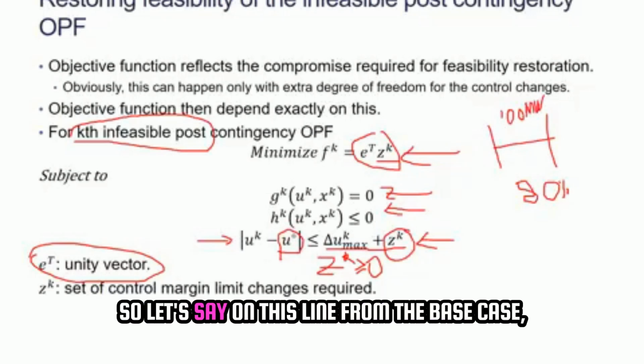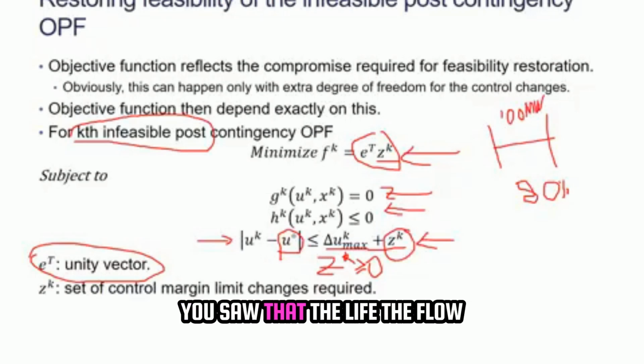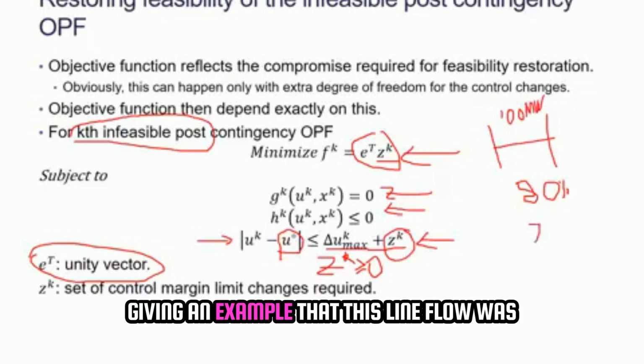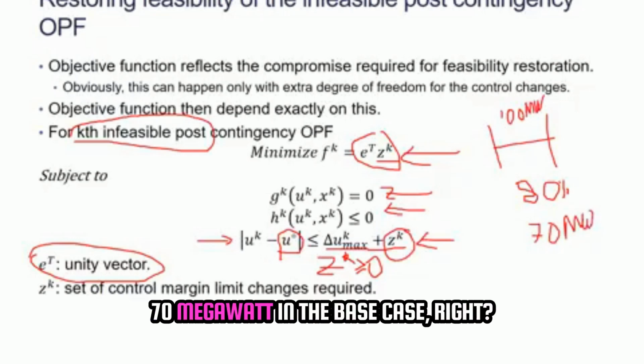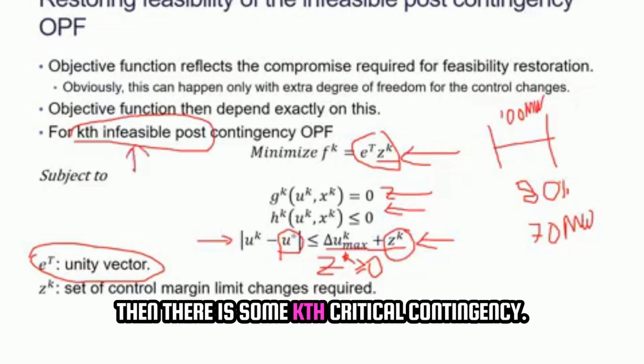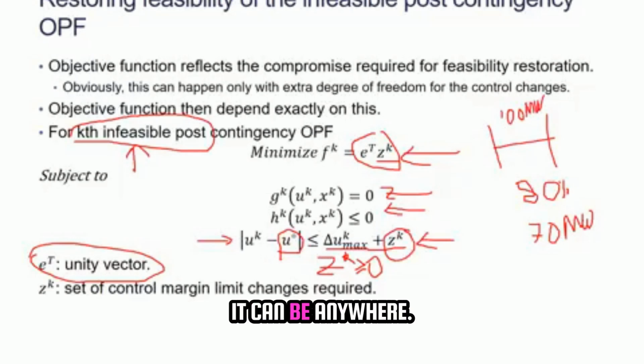Right, so let's say on this line, from the base case, you saw that the flow on this line was, I'm just giving an example, 70 megawatt in the base case. Then there is some kth critical contingency, it can be anywhere.